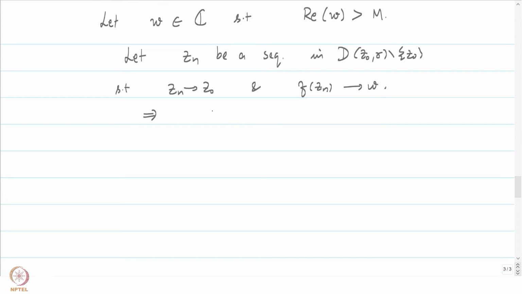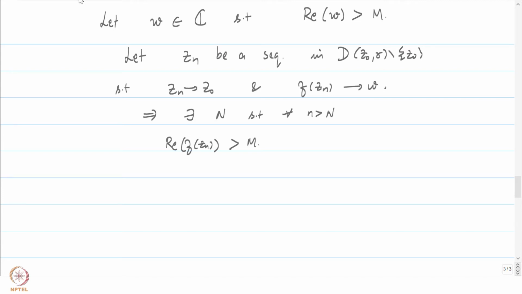This tells us that there exists some capital N by the very definition of convergence. When f(Zn) converges to W, the real part of f(Zn) converges to the real part of W, and therefore there is some N such that for all n greater than capital N, the real part of f(Zn) is greater than M, because the real part of W is greater than M.